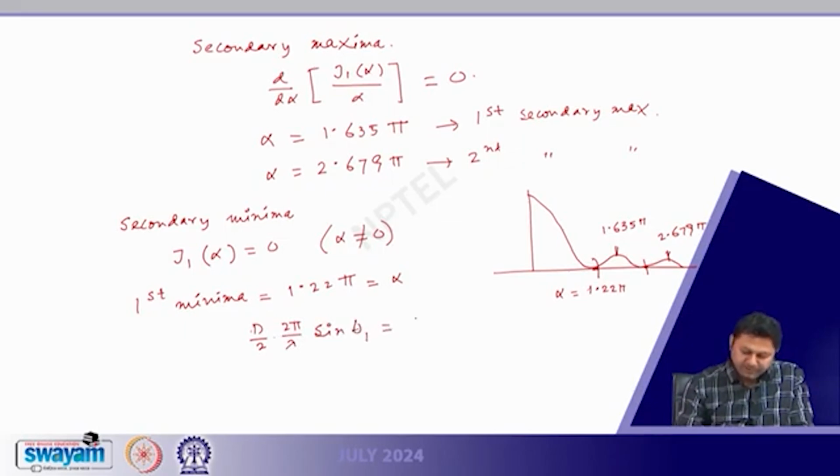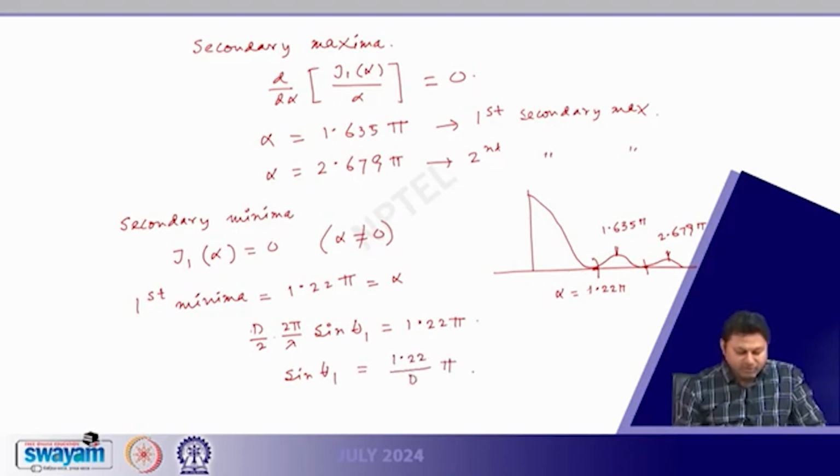That is the first minima, and that is 1.22 pi. If that is the case, we can have sine theta 1 equal to 1.22 pi divided by d, that is the important expression. Which angle are we talking about?